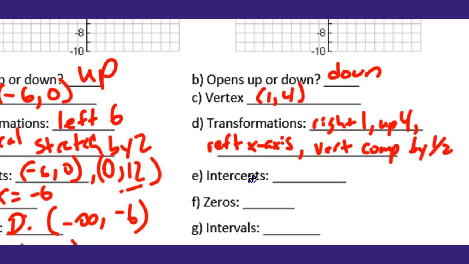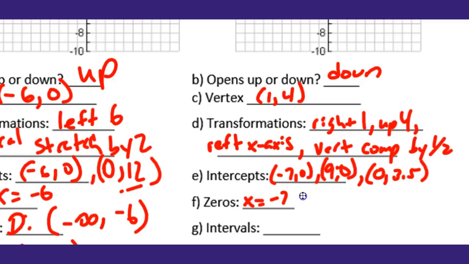Now my intercepts. The x-intercepts were (-7, 0) and (9, 0), and the y-intercept was (0, 3.5). We got all that from the calculator a second ago. If you don't remember, just rewind a little bit. My zeros are the x-intercepts, so x equals -7 and x equals 9.